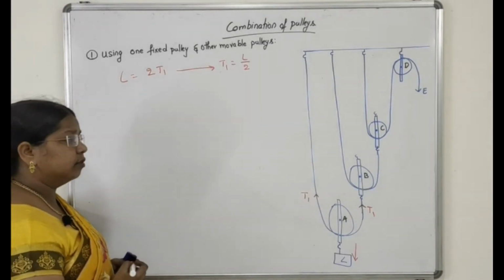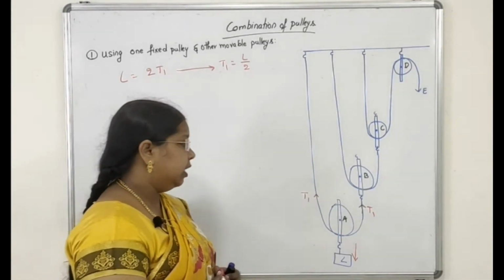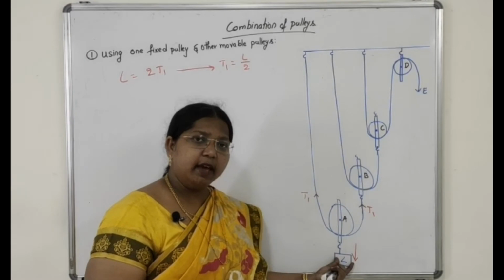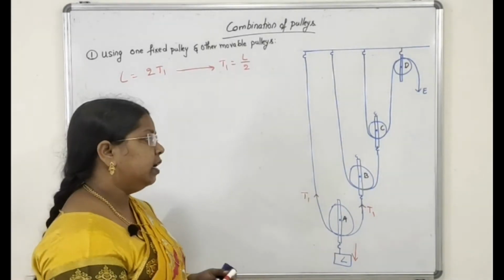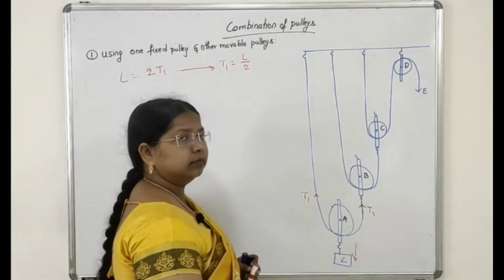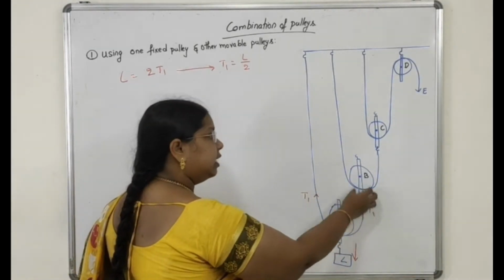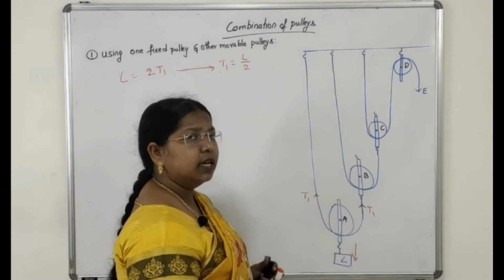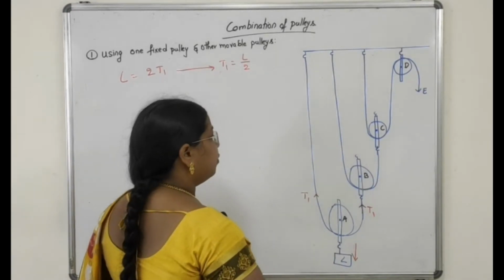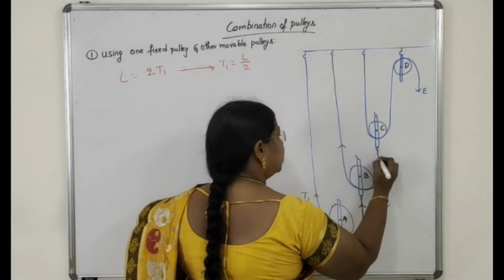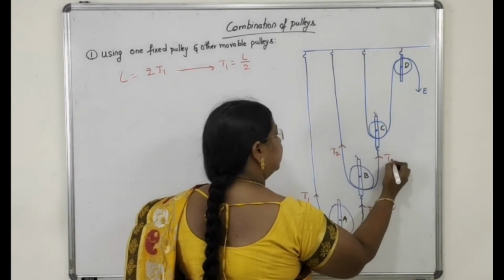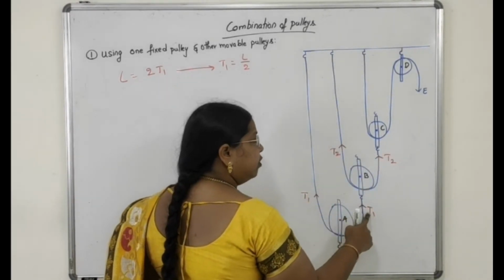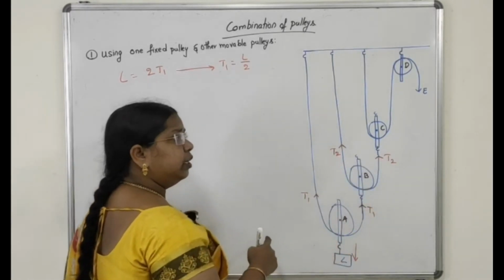First, with respect to pulley A: the load is attached to pulley A, which is supported by the two segments of the string with tension T1. Now we will talk about pulley B. The tension T1 is again supported by two strings which have the tension T2. So your T1 is equal to 2T2.